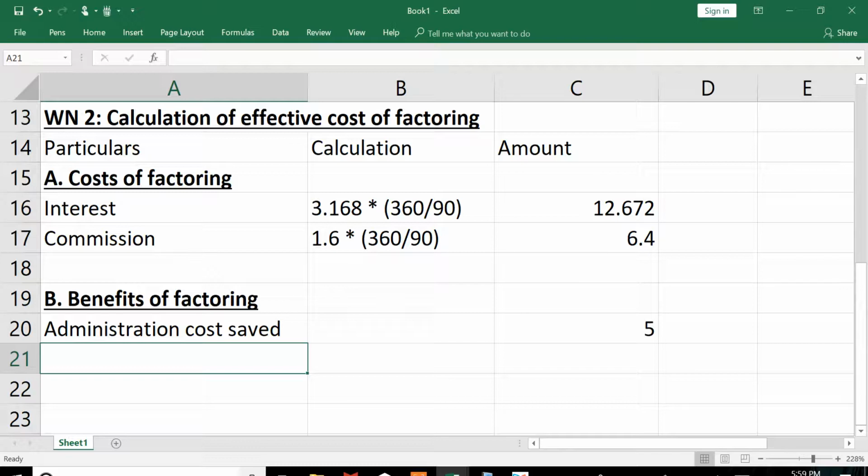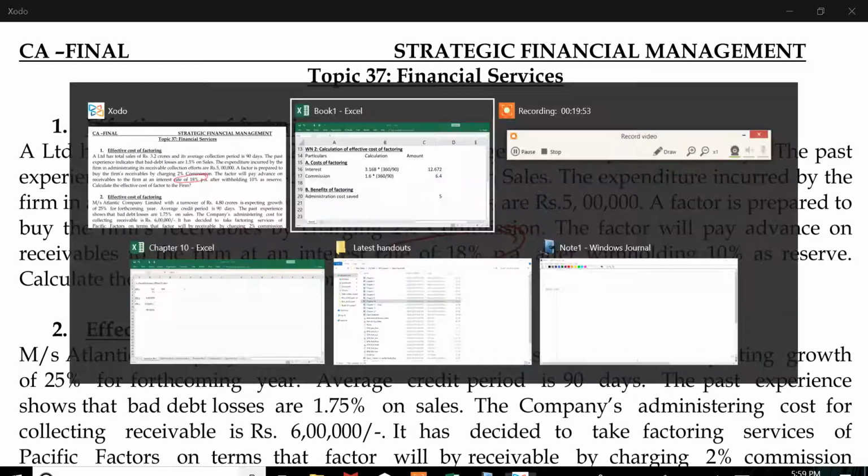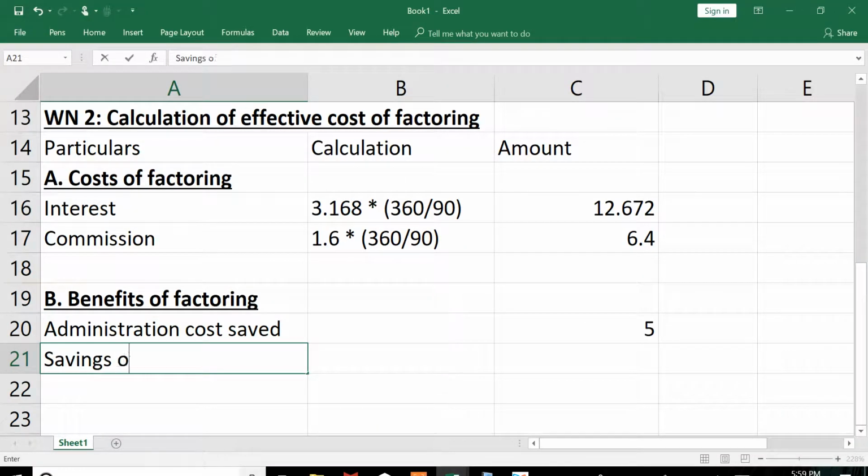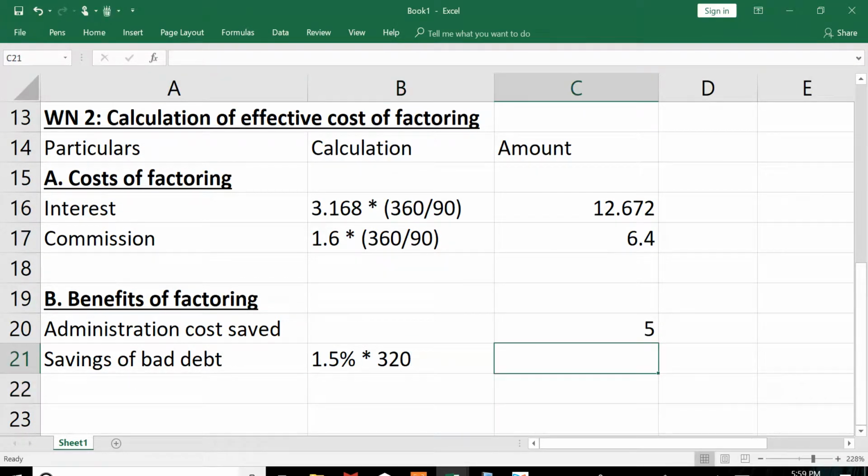How much is the current bad debt number? 1.5 percent of your 320 lakhs. So savings of bad debt is 1.5 percent into 320. Okay, ideally I should have put a total.